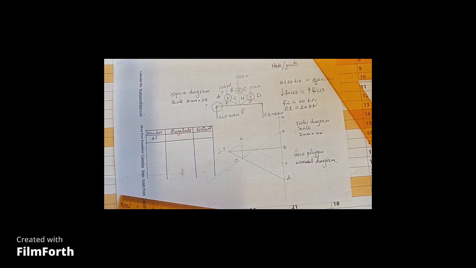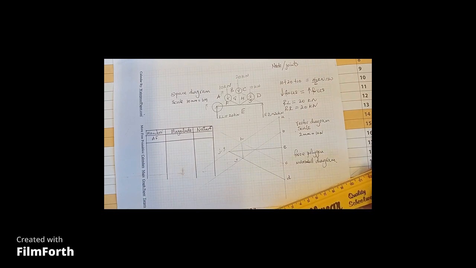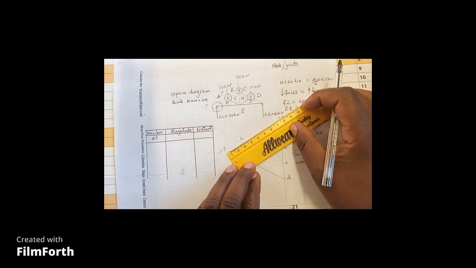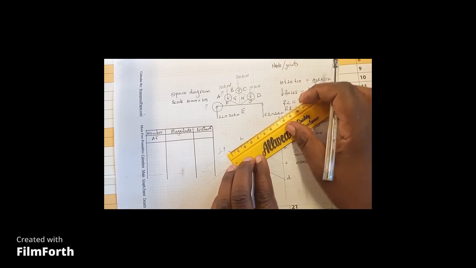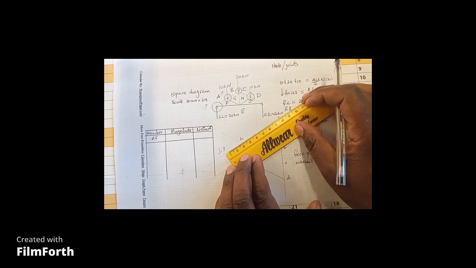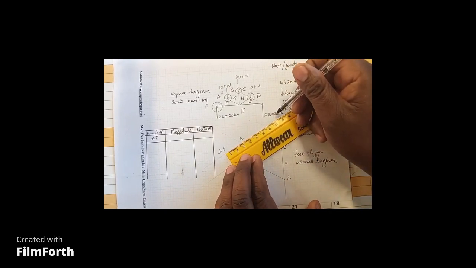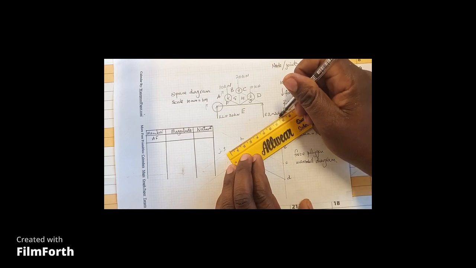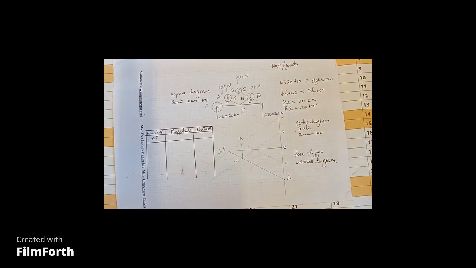Right, how do you get the magnitude of AF? You simply go to your vector diagram or the first polygon and measure the line AF. So there is my AF. Of which I got 78 millimeters.